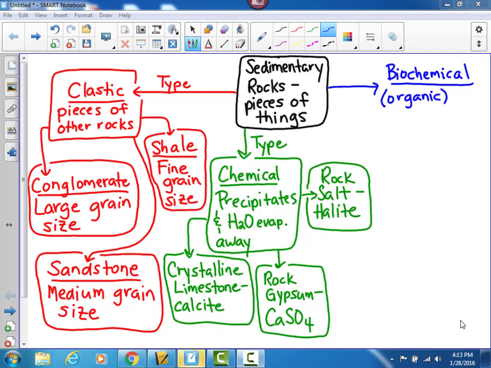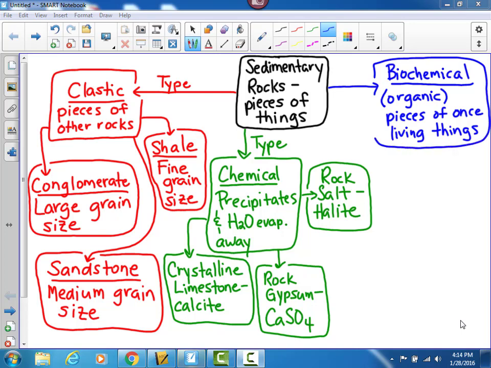So biochemical rocks are those that are made of pieces of once living things, things that were once alive. Could be plants, could be animals, things that were once alive. There are 2 of those that you'll see in your lab.